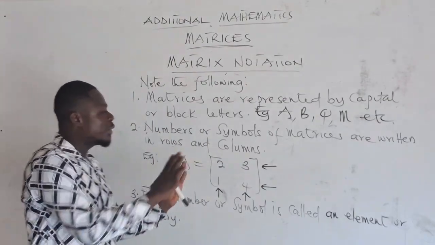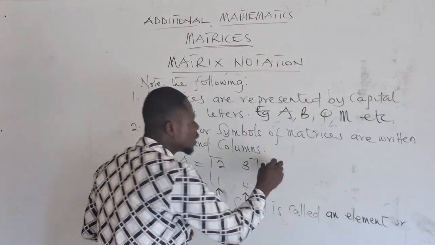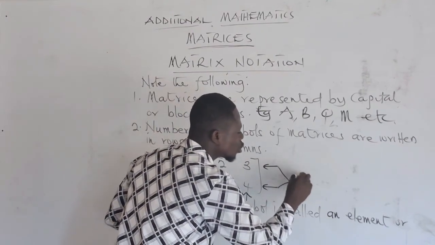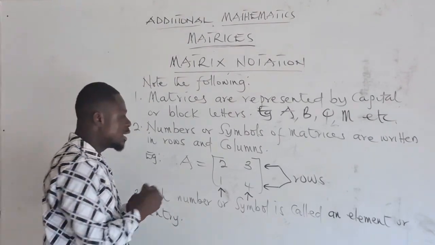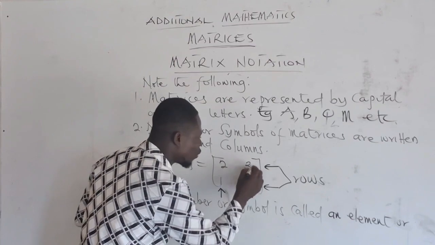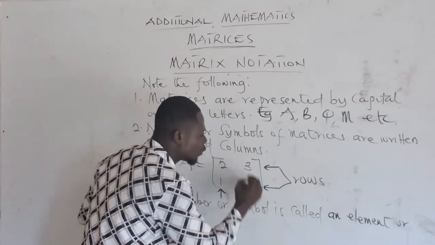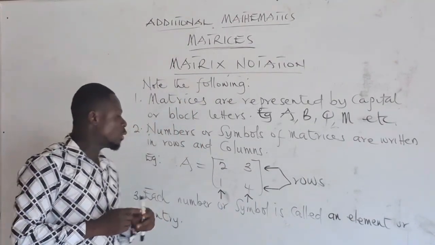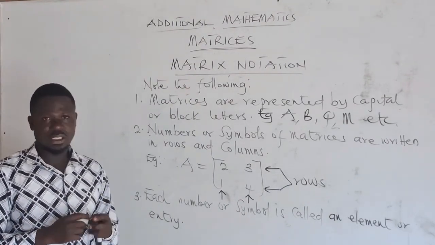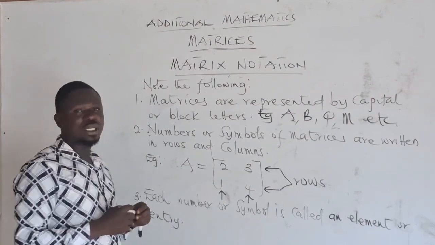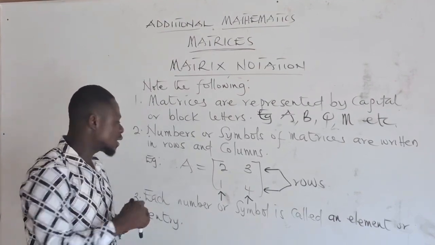Now, all the horizontals are called rows. So there is one row here, and there is another row here. All the verticals are called columns.